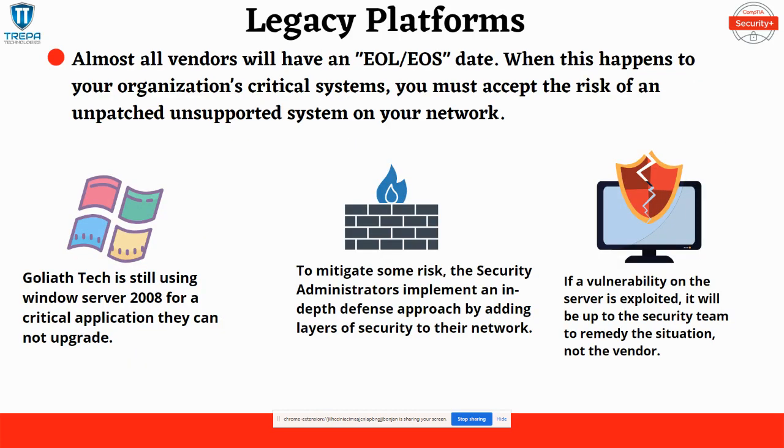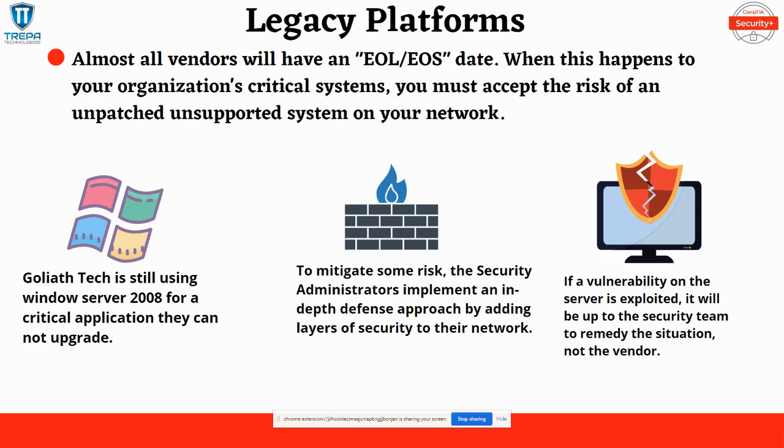And the last thing we're going to talk about is legacy platforms, which we kind of already went over in the other slides. But these are systems that are EOL or EOS, end of life or end of service. If you have a critical server that you can't have replaced for whatever reason, right? It's the manufacturing or whatever the case may be. Now you're taking on a known risk because once a device or software has become EOL, EOS, it will no longer be patched and it'll be unsupported by the vendor.